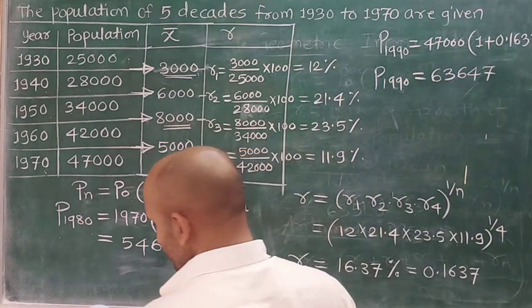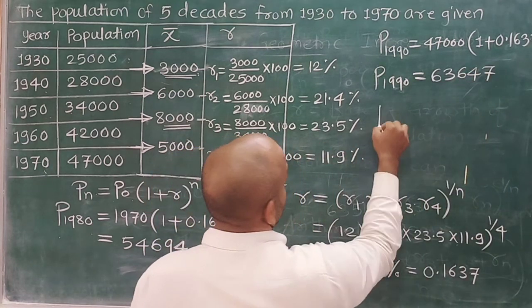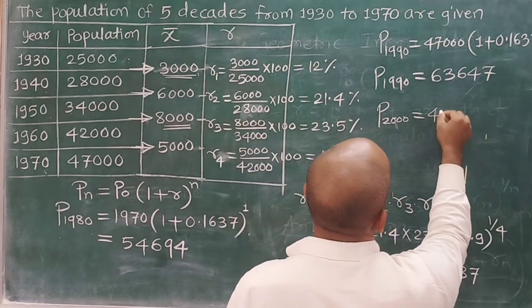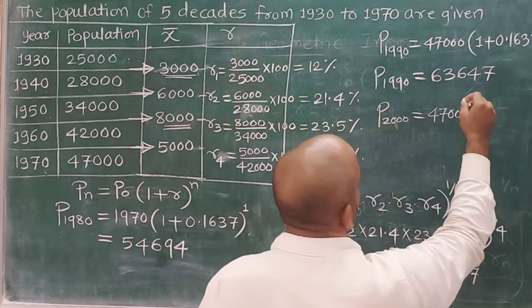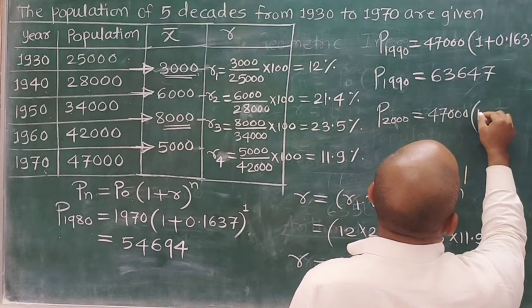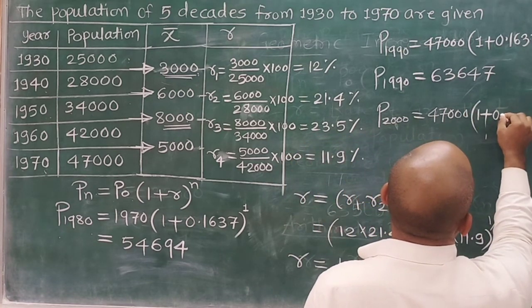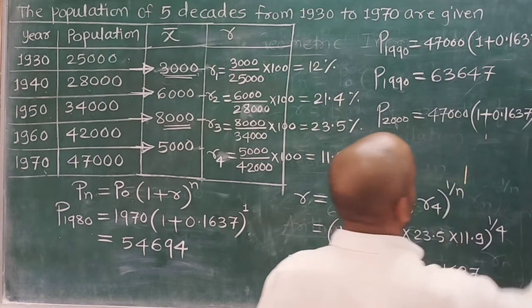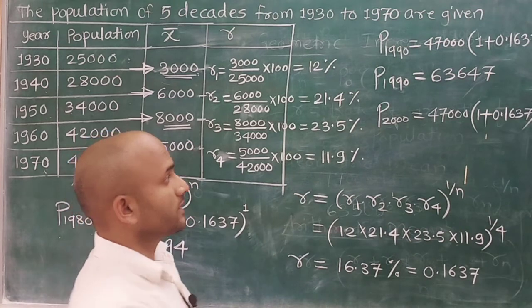63,647. And population in 2000, that is equal to P naught, that is 47,000 into 1 plus R, 0.1637 raised to power 3. So how much is it?